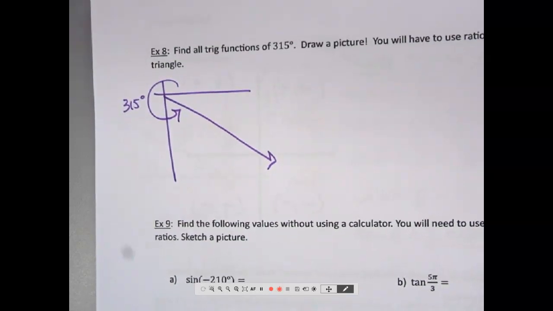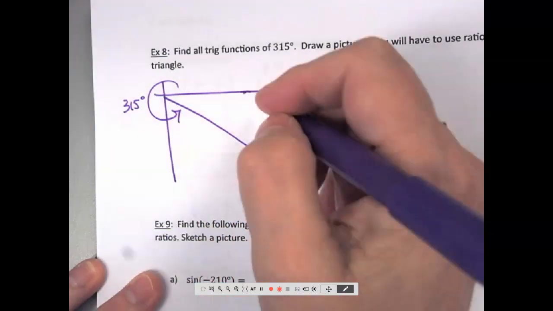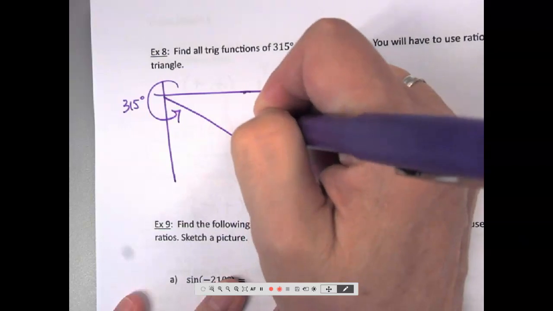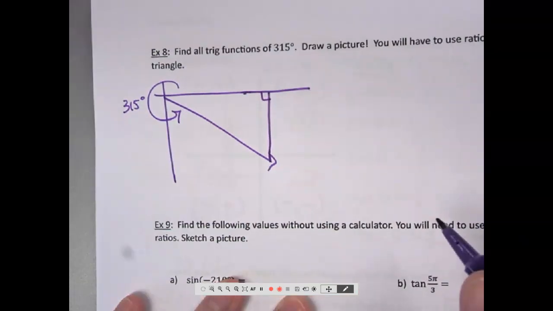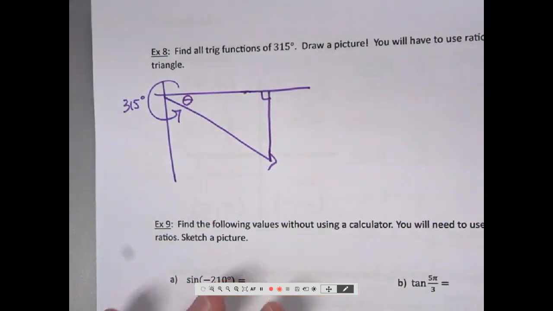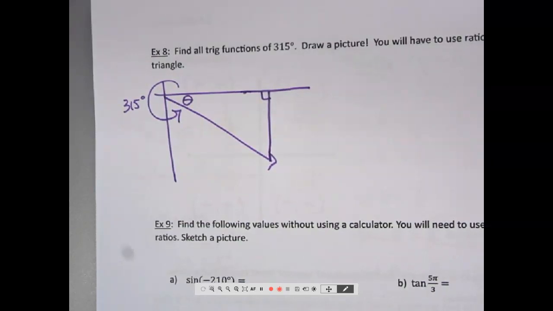Well, what we're going to use is what we've been using. We call this a reference triangle. So I take this ray that rotated, and I'm going to go perpendicular to the x-axis, and use this little angle here so that I can have a right triangle. Now, how much is theta if I rotated 315?